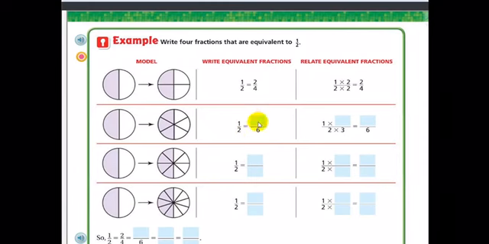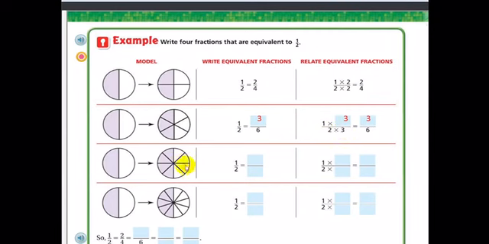And here 1 times 3 equals 3. Here 3 over 6, and here 1 half. Half equals 3 over 6.